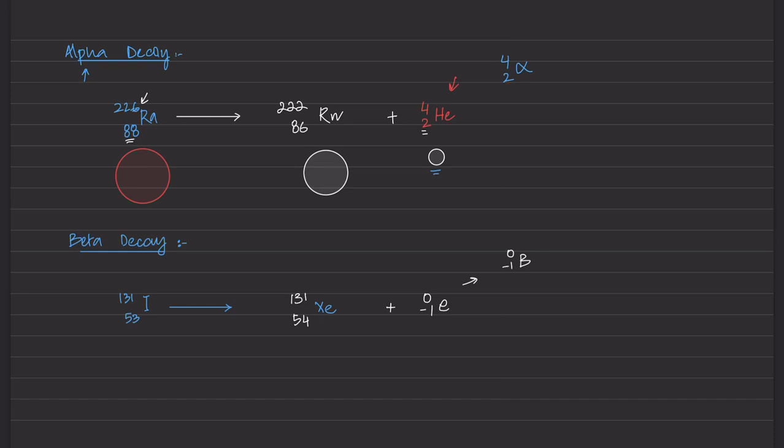As the neutron changes into a proton, my proton number is going to increase by 1. It was previously 53, now there's another proton, so it turns into 54.